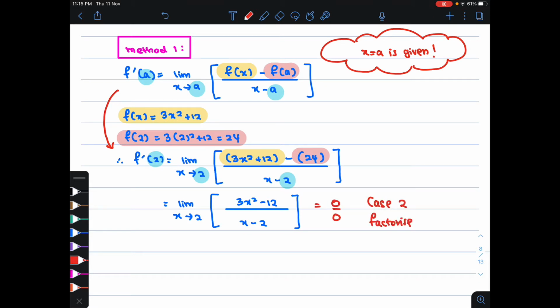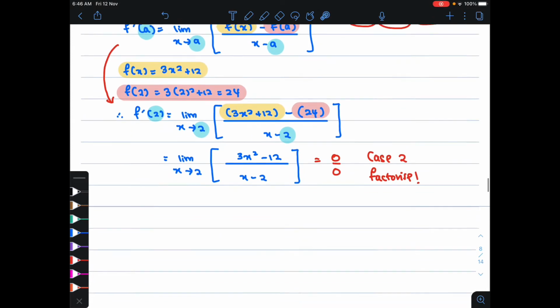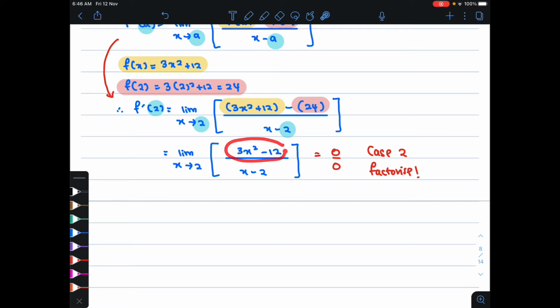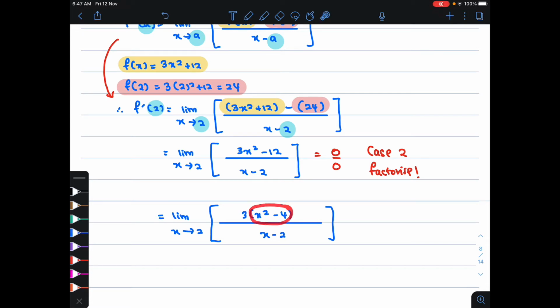So we need to factorize for this question. So factorize out 3 from 3x squared minus 12 first. And you'll get 3 times (x squared minus 4). Use your calculator to factorize x squared minus 4. And you'll get 3 times (x plus 2) times (x minus 2).